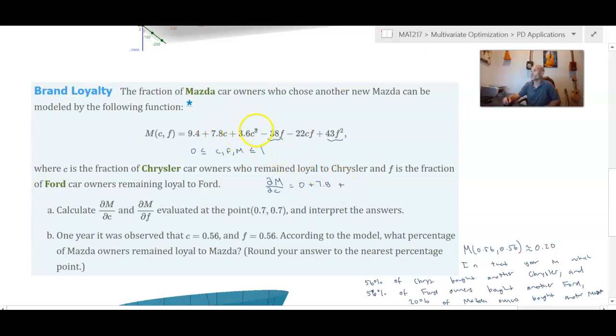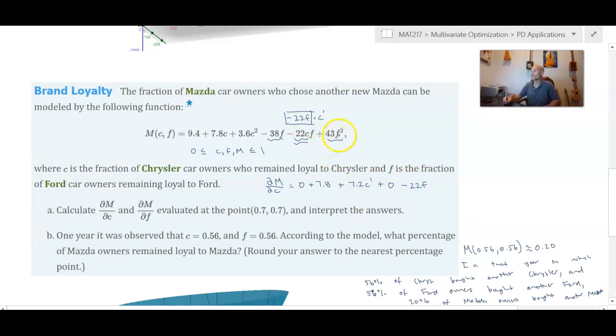The derivative of 7.8c will be 7.8. The derivative of 3.6c squared will be 2 times 3.6, 7.2, c to the first power. The derivative of this term will be 0. Now focusing on this term, we're holding F constant, so I'm going to write it as negative 22F times C. We think of that as a constant times a variable to the first power, which gives a derivative that is just the constant.